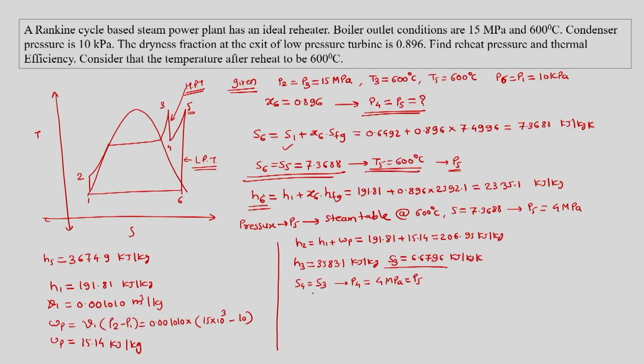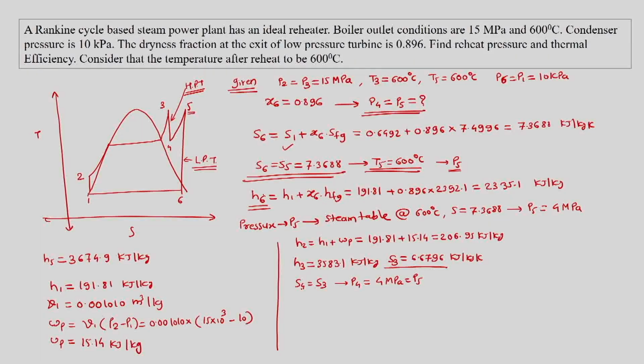It turns out that this temperature can be the saturation temperature. Point 4 can be inside the dome or outside the dome. If point 4 is inside the dome, then we would have to find out the dryness fraction for point 4. If it is outside the dome, then it will have dryness fraction 1.